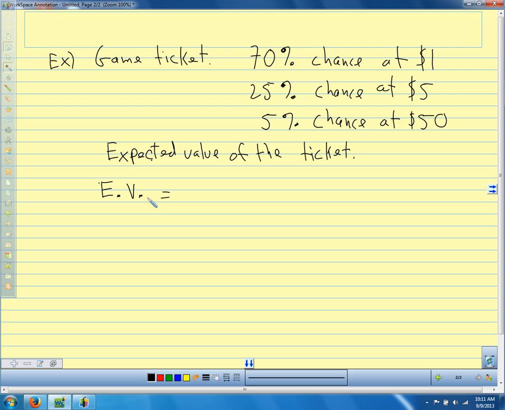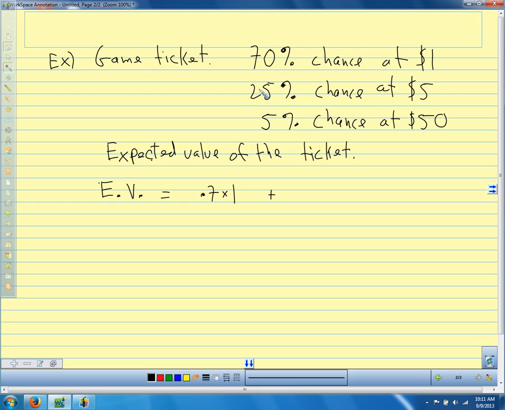We're going to find the expected value of winning $1, the expected value of winning $5, and the expected value of winning $50. So 70%, the expected value of $1, multiply the probability times the value. 70%, how do I write that? 0.7 times the value, which is just $1. So that's the expected value of this piece.